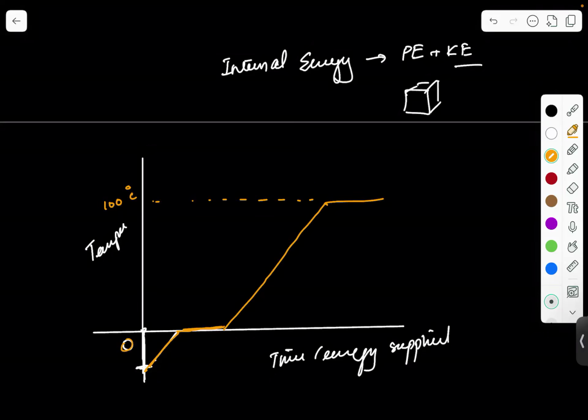Water is solid when it's negative. It starts to freeze or melt at 0, depending on which way you're going, right? And then it starts to evaporate, boil, turn into steam, gas at 100. Correct?